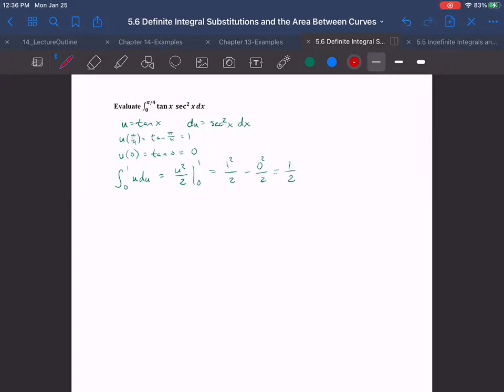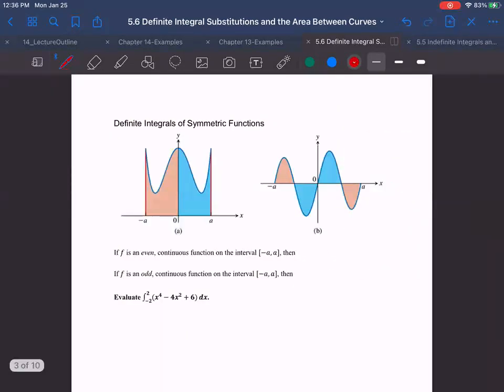All right, let's take a look at the next page where we can look at some symmetries for doing these. If you look there, you can see that first picture is a graph of a symmetric function. It's symmetric about the y-axis, which means it's an even function. If that is the case, then on either side of the y-axis, the area underneath the curve will be identical.